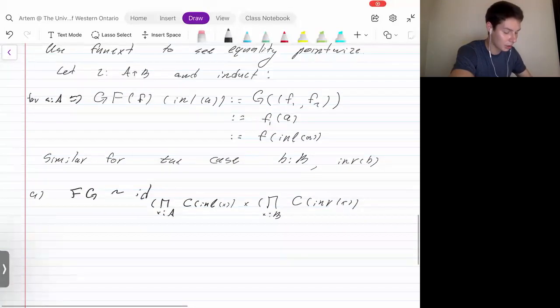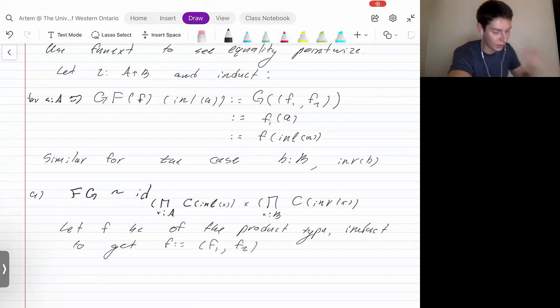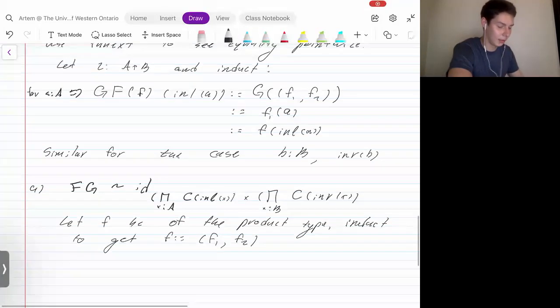So let F be of the product type, induct to get F as this product F1 and F2, which are of appropriate types.